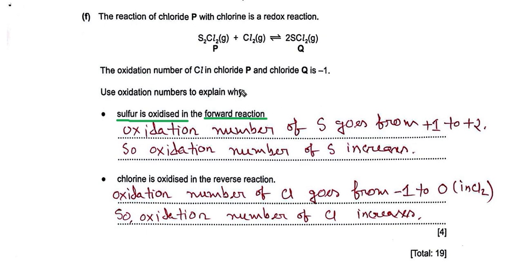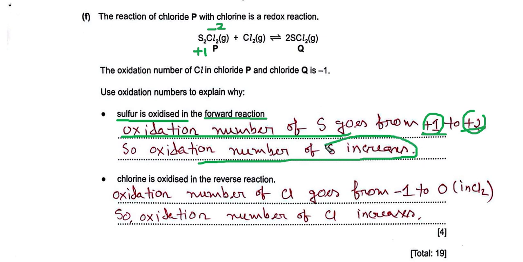The oxidation number of sulfur goes from +1 to +2. In S2Cl2, each sulfur is +1, so 2 sulfur is +2, and the 2 chlorine are -2, so each chlorine is -1. Sulfur goes from +1 to +2, so the oxidation number of sulfur increases.